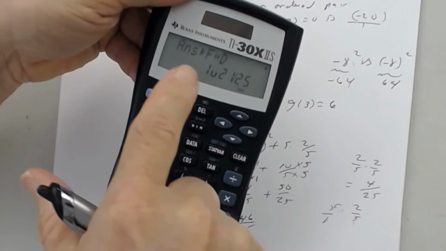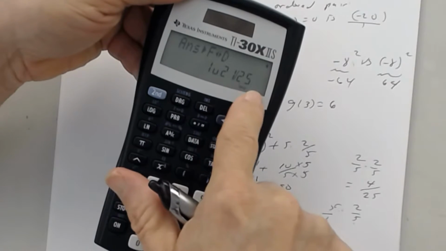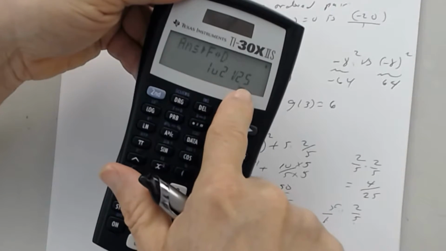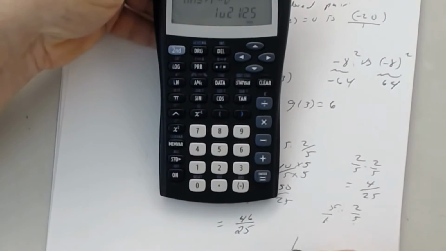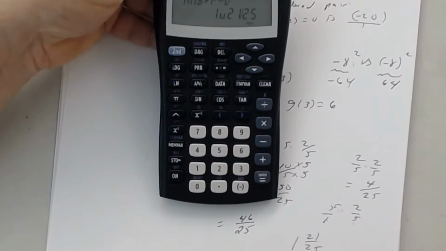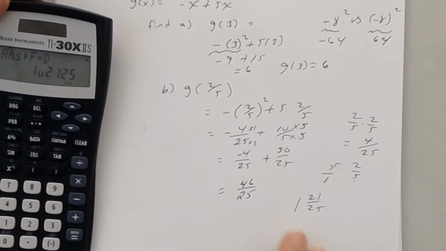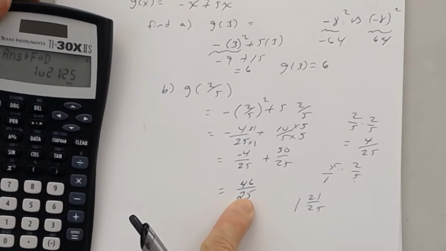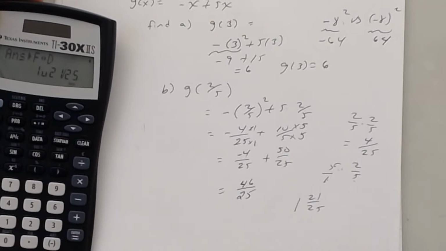What it did, though, was it wrote it as a mixed number. That's a mixed number. So it's 1 and what fraction? 21 divided by 25. That's what that says. So this is 1 and 21 divided by 25. That's what your calculator gave you. But you want to see if this right here is the same as this, right? So remember how to convert a mixed number back into a fraction?